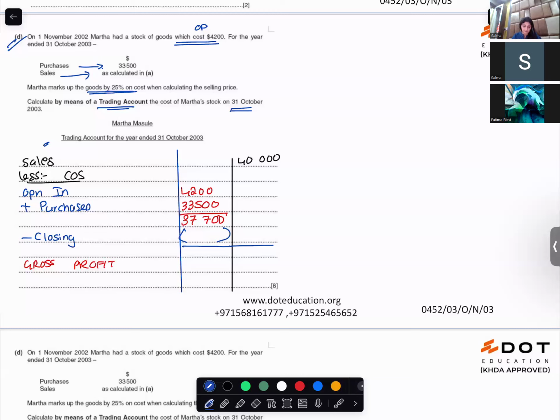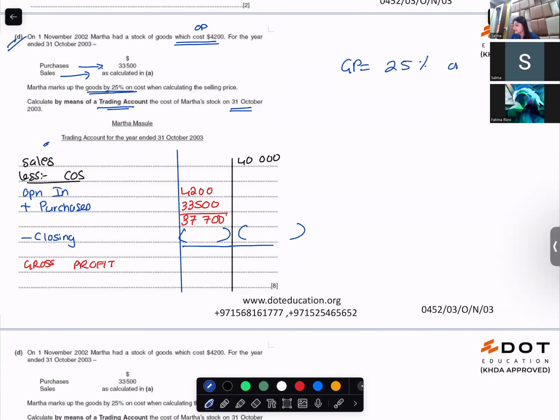I don't know. So I don't know my cost of sales. Because I don't know my cost of sales, I cannot find out my gross profit, right? Gross profit is what?